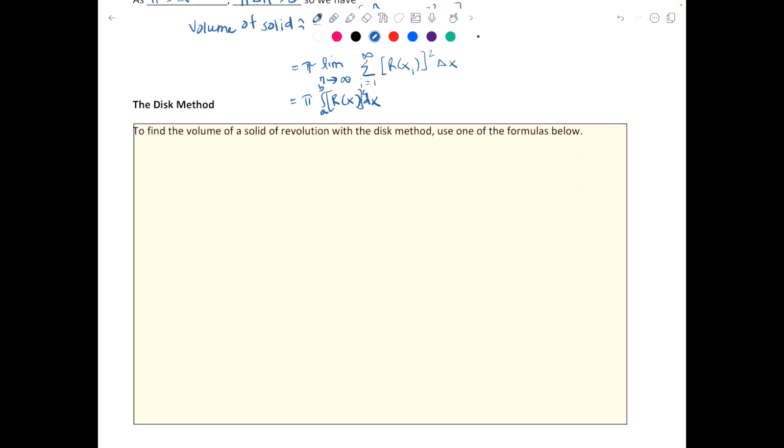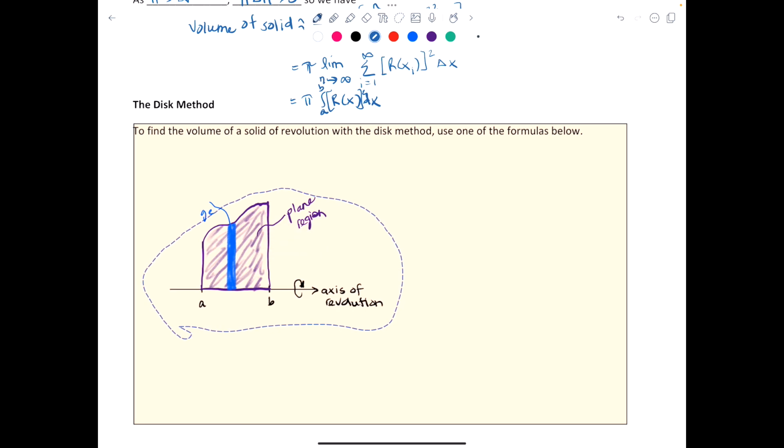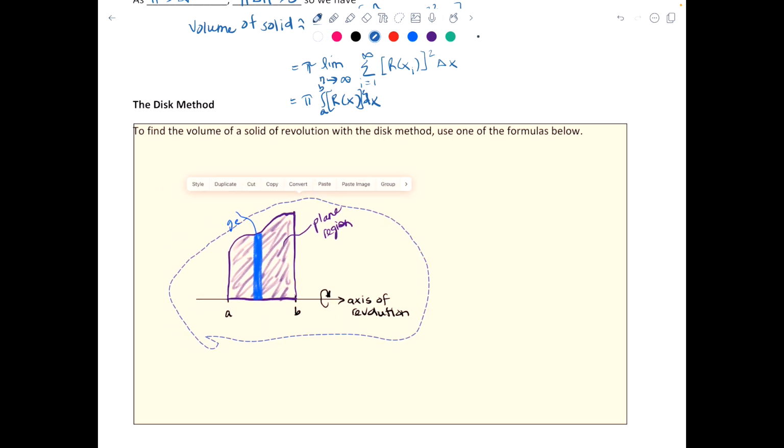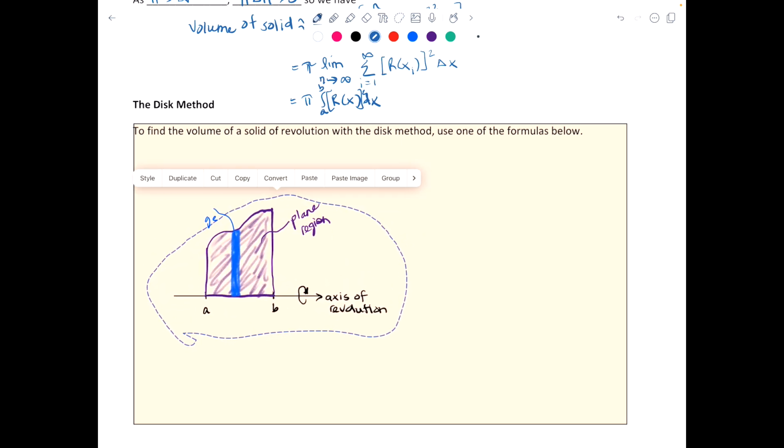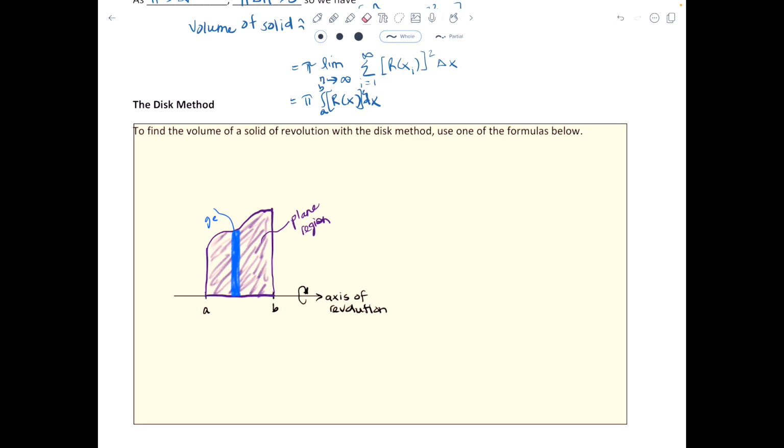So we would have, let me see, I think that looked pretty good when we pasted this. So we'll have this be our shape, and then this is for a horizontal axis of revolution. I'll change this up just a little.